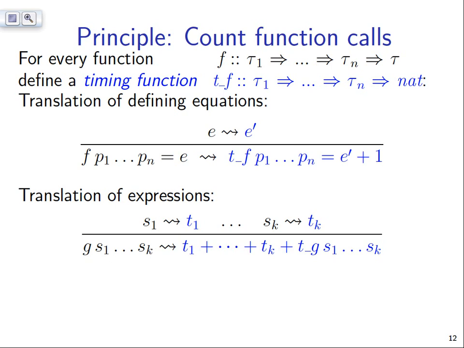Then you add all of them together, and you add the time it takes to evaluate the call of function g on those arguments. So it's just a bottom-up translation of the expression g of s1 to sk to a corresponding time expression that adds together the time required to evaluate that expression, consisting of the time for the sub-expressions plus the function call itself.